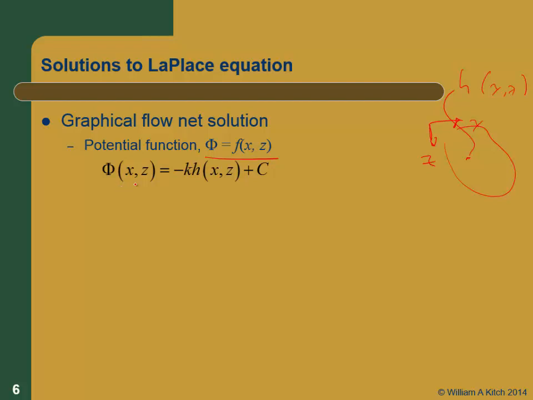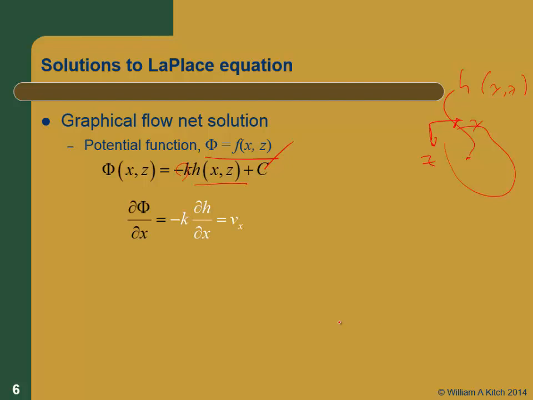So we're going to define that potential function phi as minus k times h. And why do we want to put the k in here? Because that's going to be our constant, right? There's got to be some constant to it because it's a potential function.